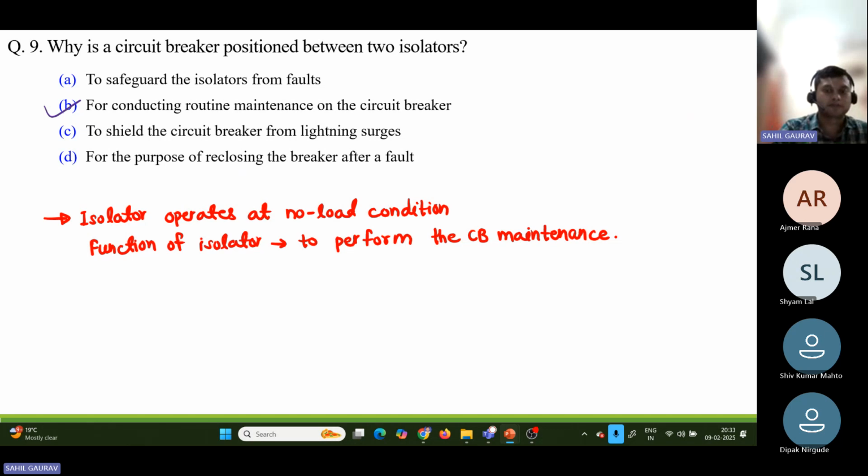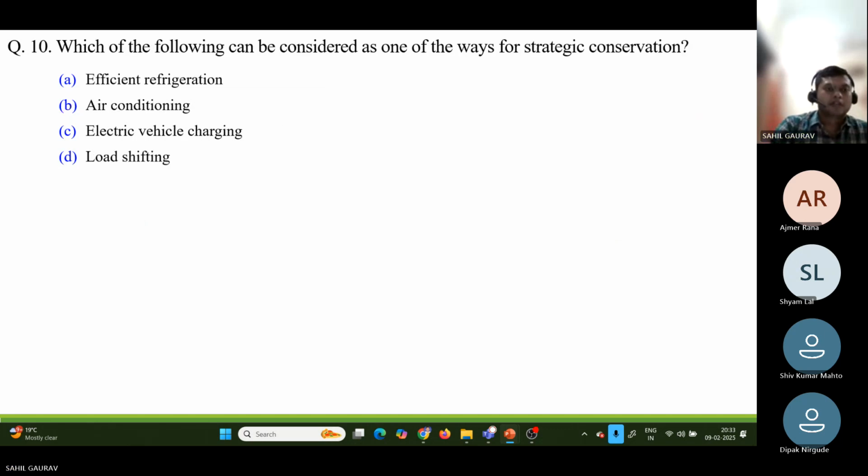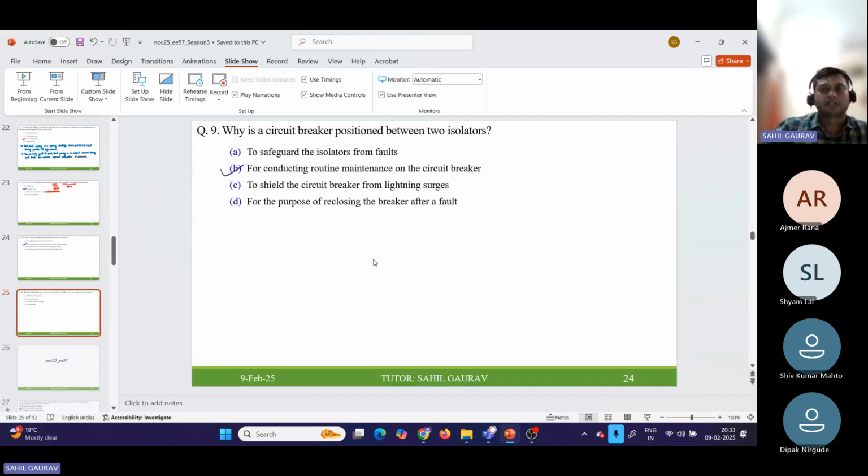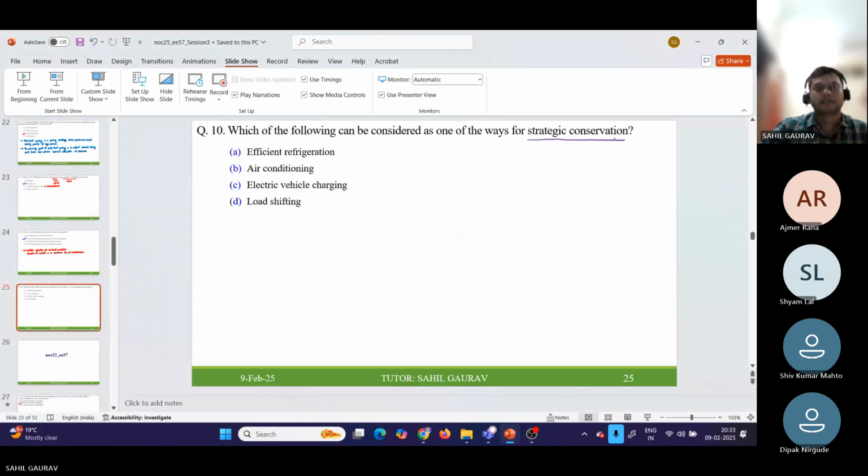Now coming to the last problem of the assignment. It is asking which of the following can be considered as one of the bases of strategic conservation. The options are efficient refrigeration, air conditioning, electric vehicle charging, or load shifting.